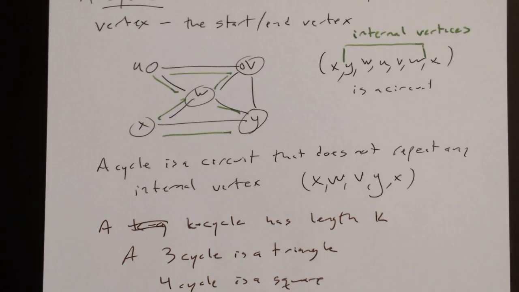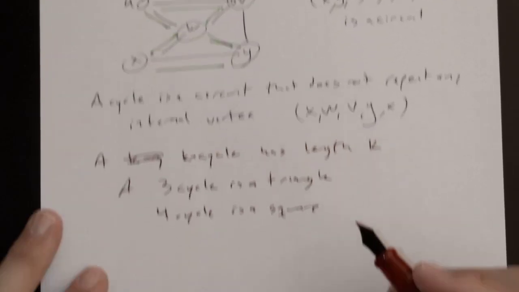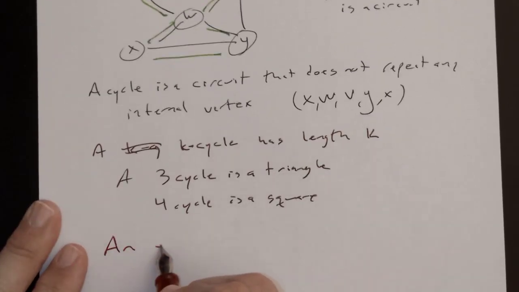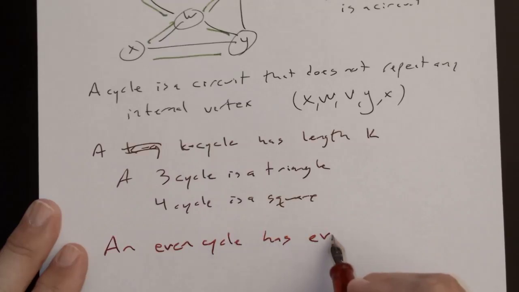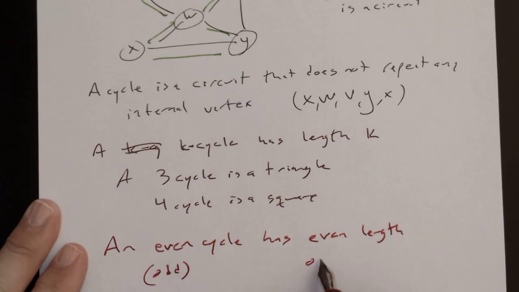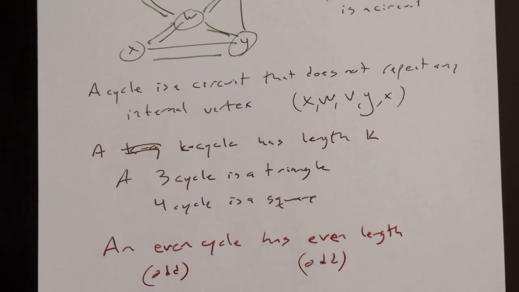It doesn't have to look like that arrangement as long as I preserve the edges that connect the correct vertices. A cycle is even if its length is even, a cycle is odd if its length is odd.